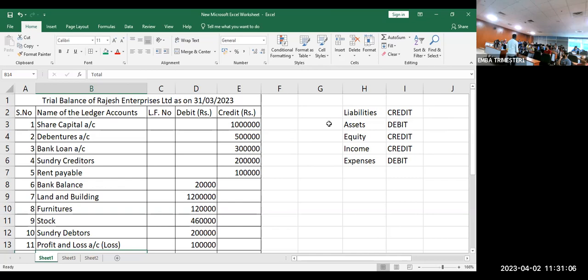The concepts are all over now. By this time, you should have all the journal and ledger ready. The trial balance you have to make today. You can prepare a polished one, put some kind of attraction. Then you can submit by the 10th. You do whenever you want, no problem.